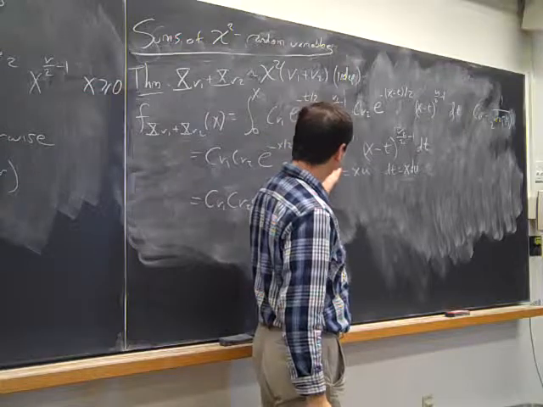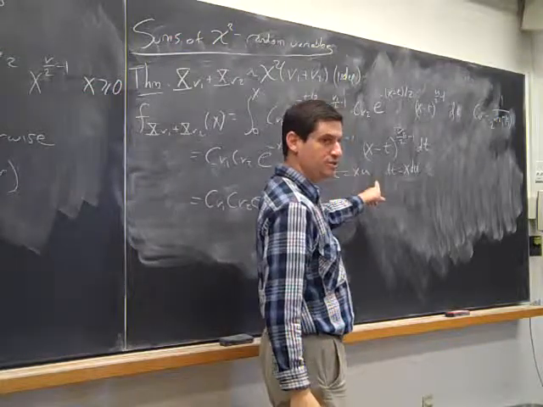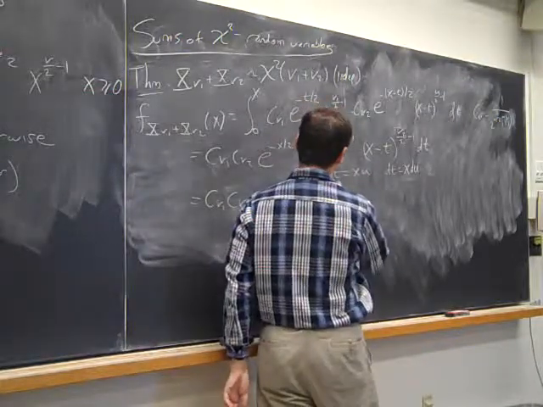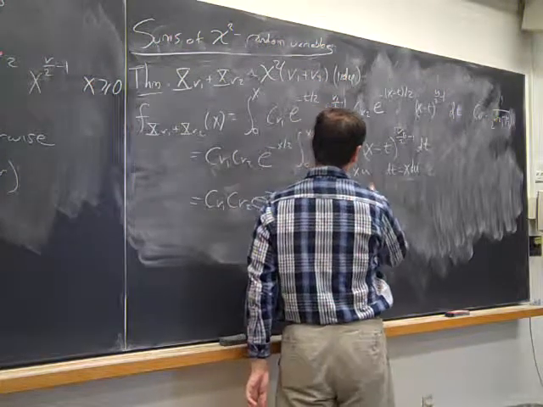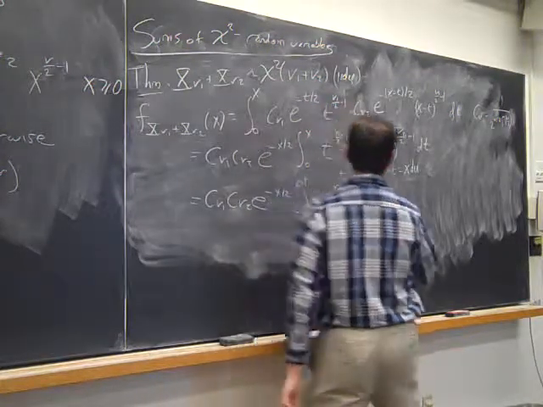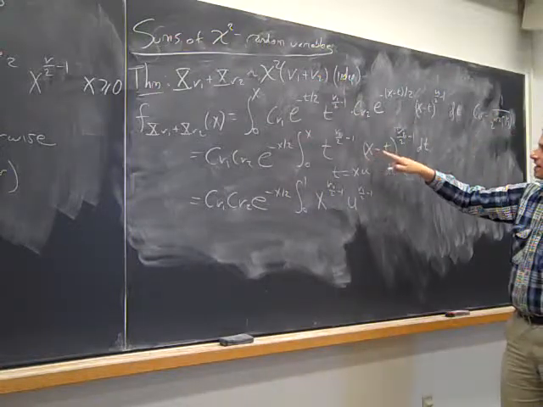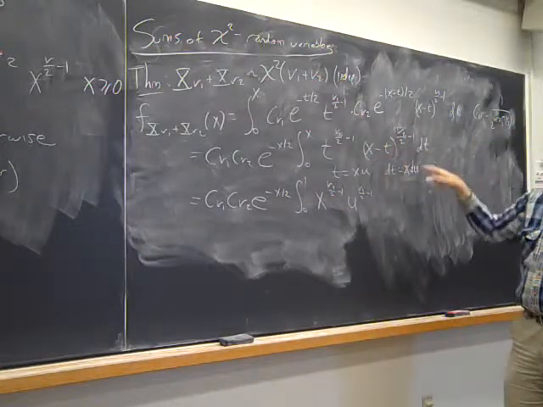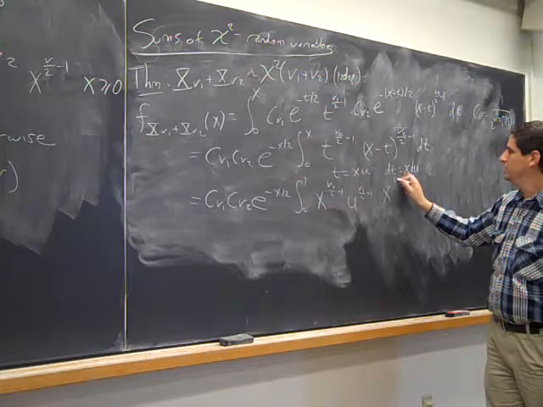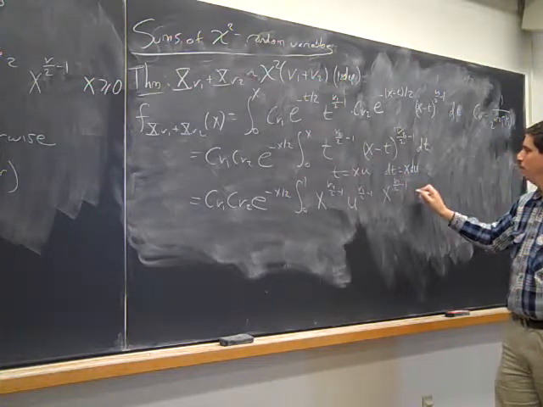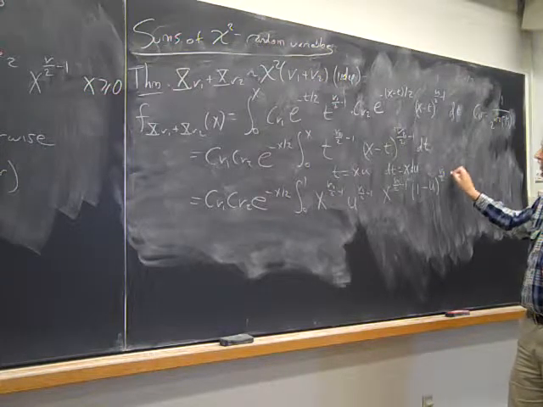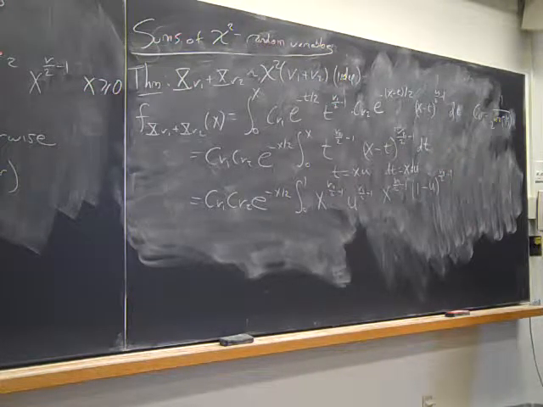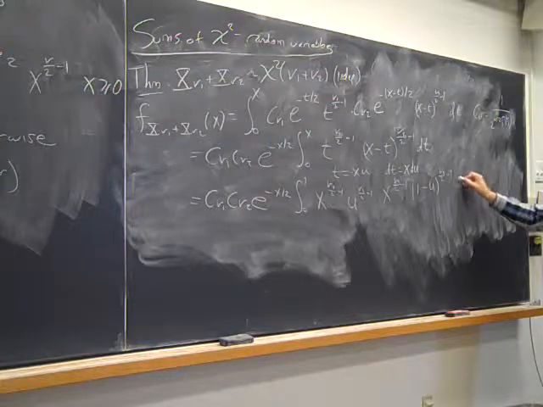Now the t over here is the same as x times u. So I'm going to get an x to the nu 1 over 2 minus 1, u to the nu 1 over 2 minus 1. Over here, I get x minus x times u. I pull out an x, I get x to the nu 2 over 2 minus 1, 1 minus u to the nu 2 over 2 minus 1, and then dt becomes x du.